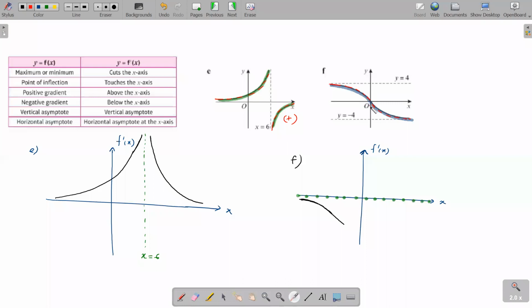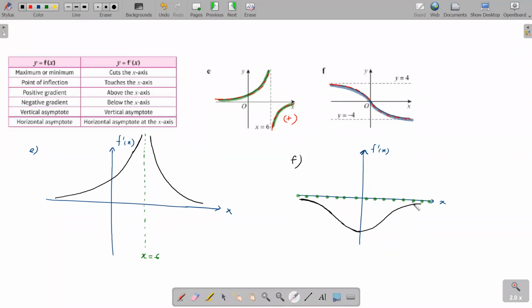Because afterwards, you see, it's again starting to flatten out from this point. So at x equals 0, you come to the highest gradient, the highest gradient where you have the negative gradient. And then after 0, it again flattens out. Like this. It again flattens out.